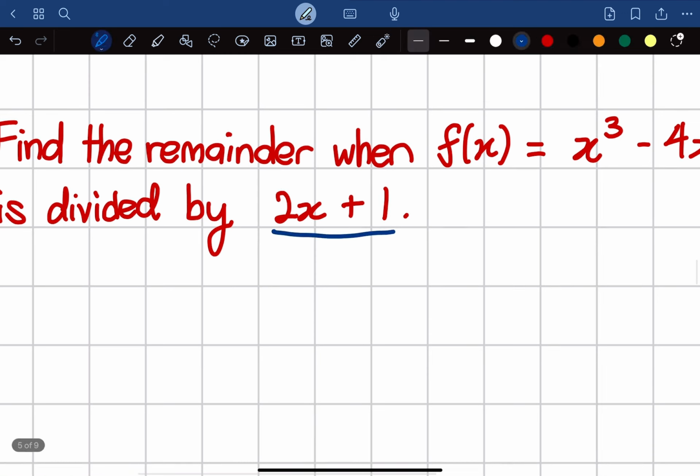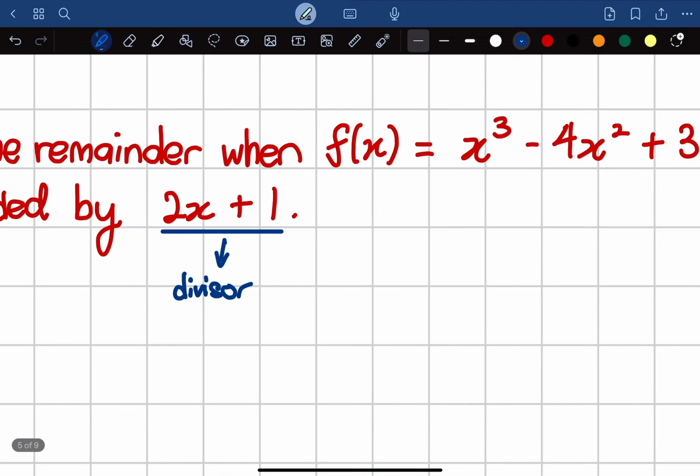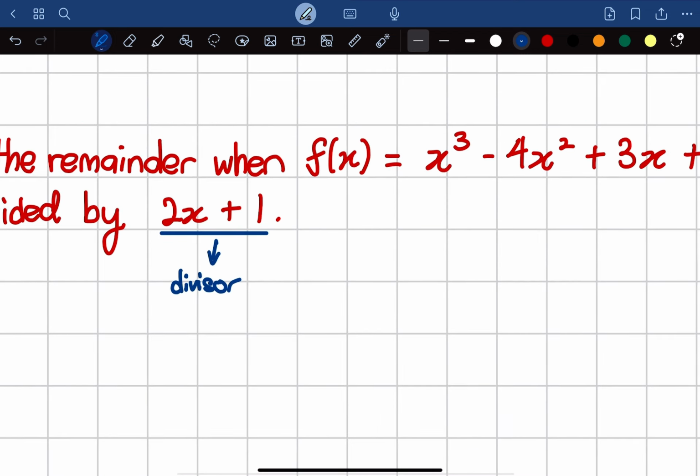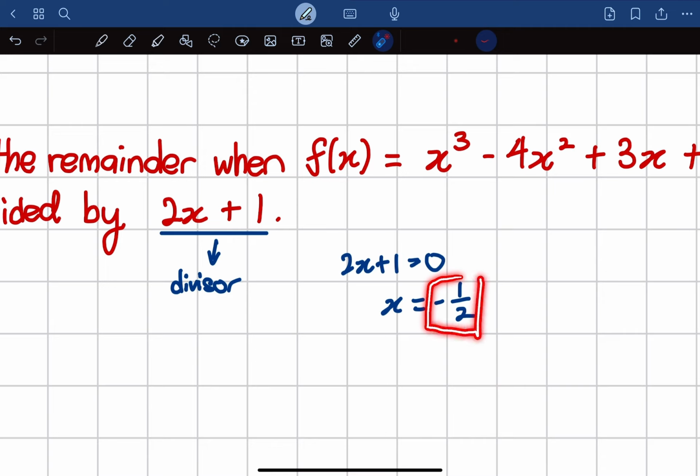To find what x value to sub in, I let this divisor 2x plus 1 be equal to 0. Then I solve for x, which will be negative half. This value of x is what I need to sub into the original polynomial to find the remainder.